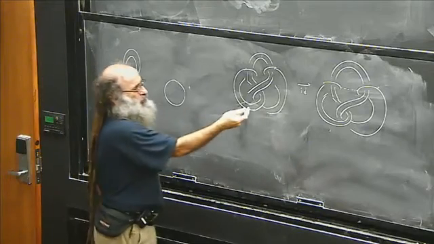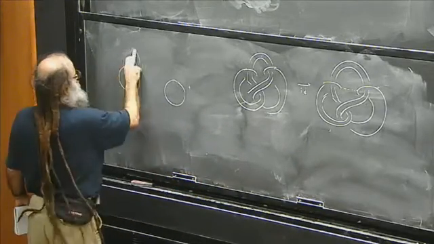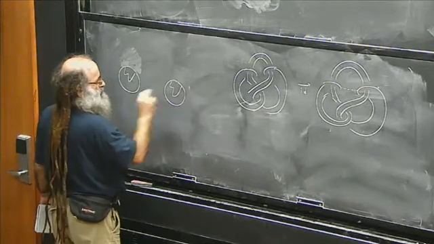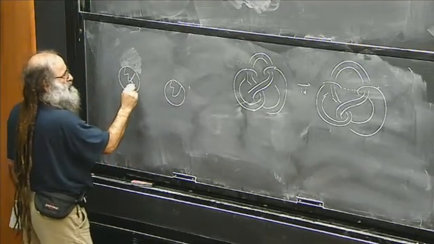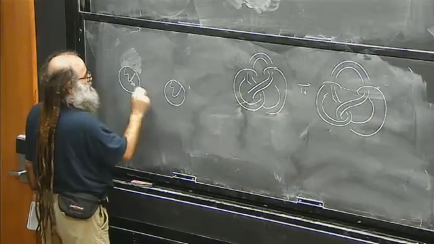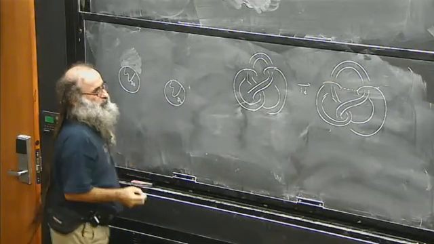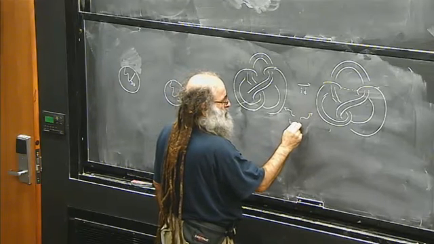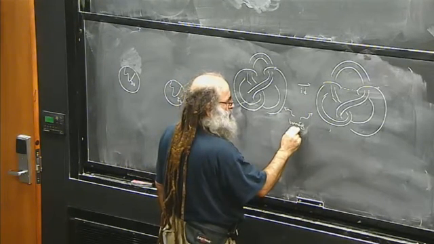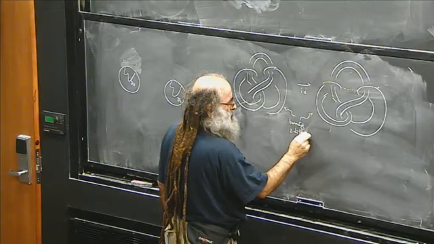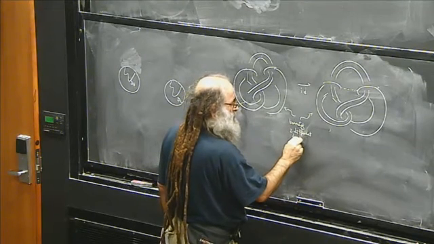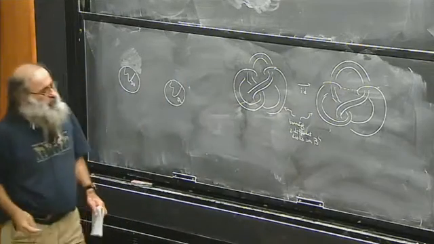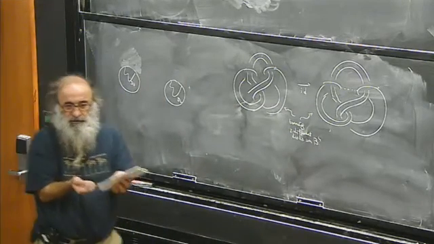So you can go ahead. Let's see. There's this one disk. There's another disk. Okay, it's called D plus, D minus, D1, D2. So bounding two different disks in B4. So somehow, in the complements of those disks, there's an exoticity.